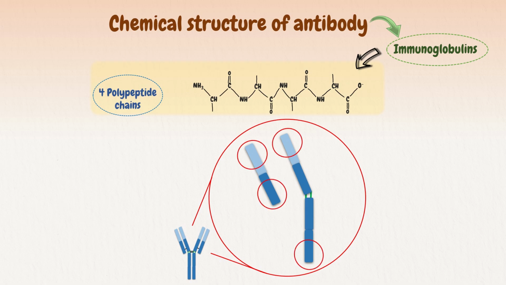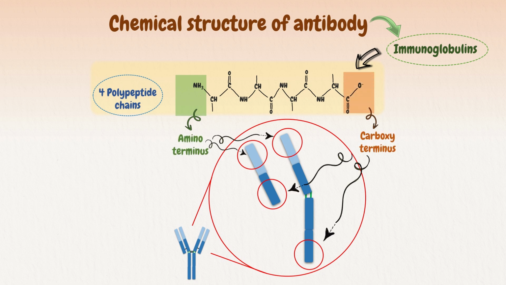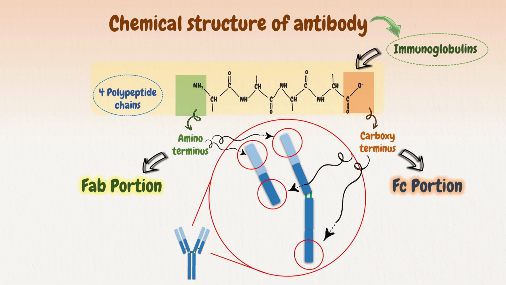At one end they have an amino group, so that end is called the amino terminus, while the other end has a carboxyl group, and hence it is named the carboxy terminus or C terminus. The amino terminus resided in the Fab portion of the molecule, while the carboxyl terminus resided in the Fc portion of the antibody.